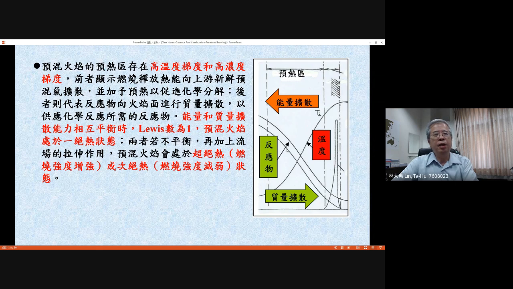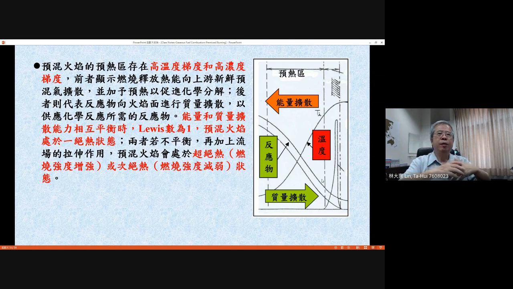Here you can see the direction of mass diffusion must come from the upstream side and point to the flame. Now you can see there are two different kinds of diffusion process. One is the heat diffusion from the flame to the upstream. The other is the mass diffusion from the upstream to the flame.